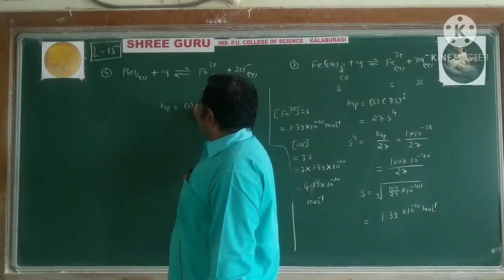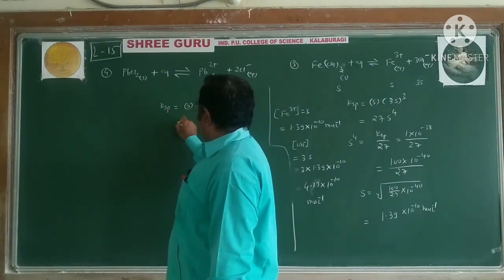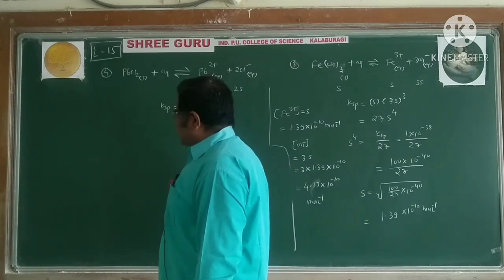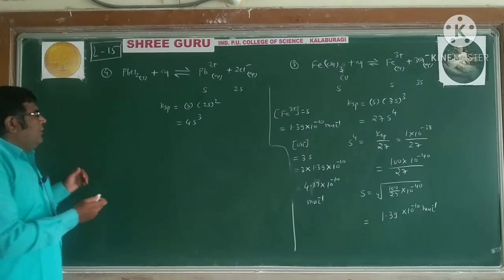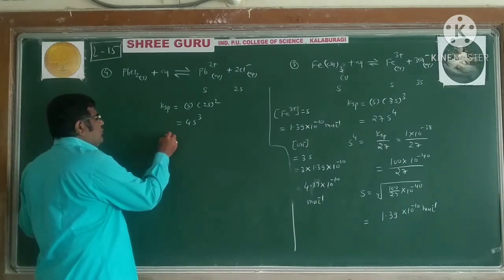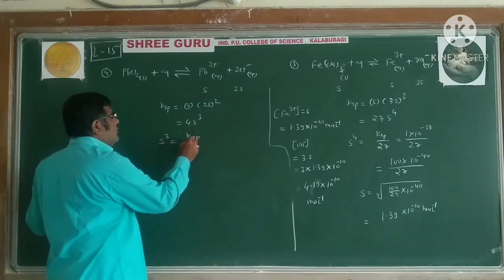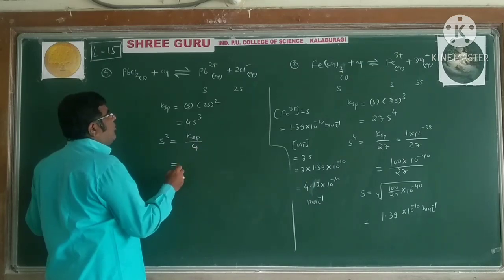So Ksp is equal to S into 2S square, which is nothing but 4S cube, and that's why S cube is equal to Ksp by 4.